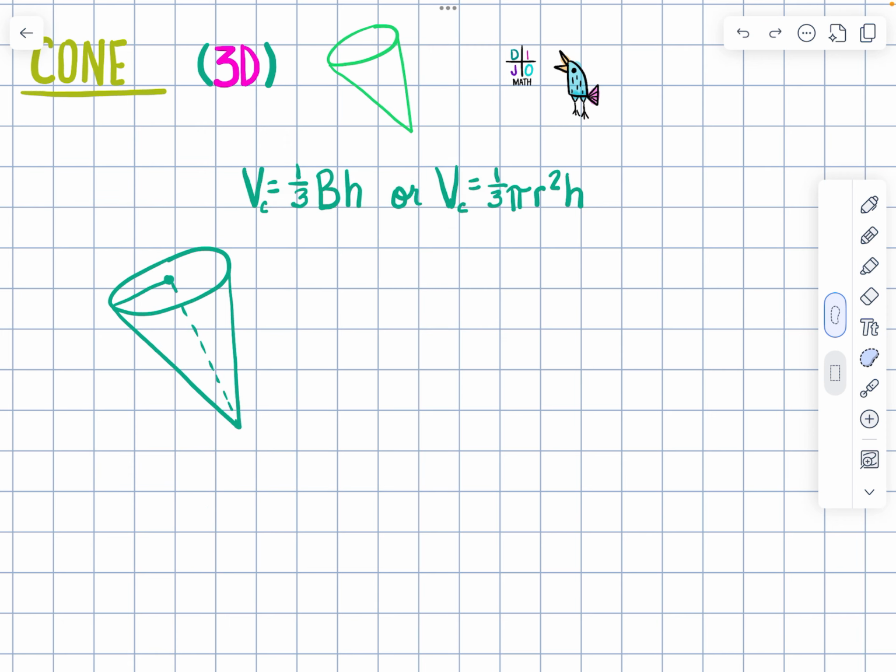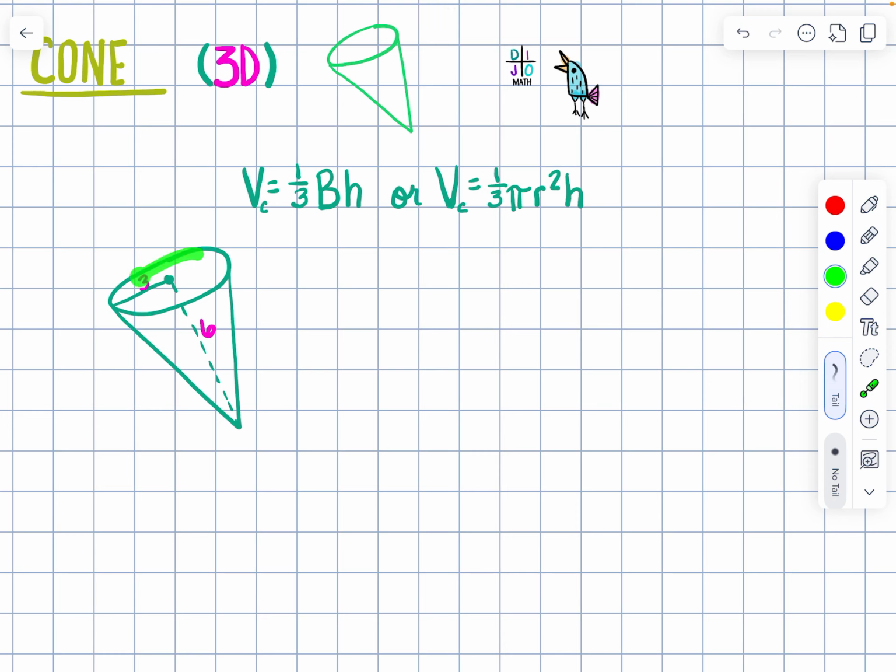All right, let's give this a couple of numbers here. We'll say the radius is 3 units and the height is 6 units. Okay? And let's look at these formulas here. These are equivalent. The difference is in this one, they use a capital B to denote the area of the base.